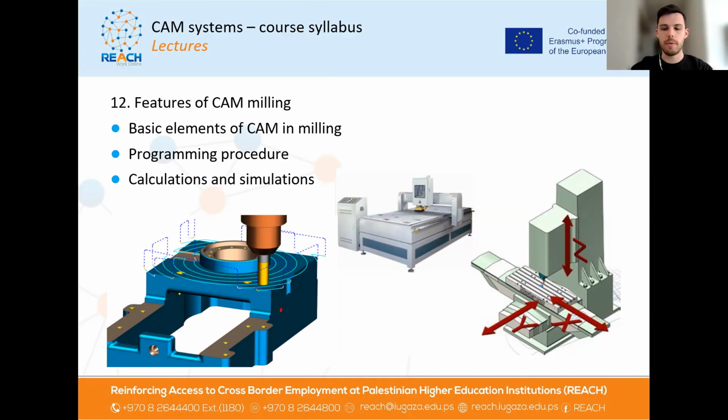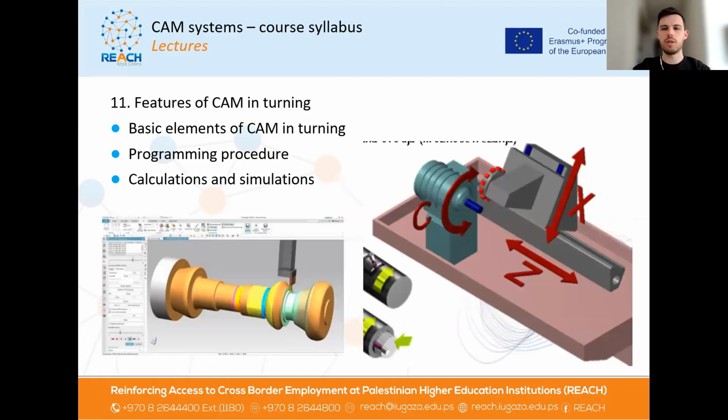calculated. So why are we starting, if I go a slide back, why are we starting with turning? Because turning is much easier to understand for the students. They know that they will produce round and symmetrical products, and there are fewer axes on the machine, so there are Z and X axes, and it's easier to understand the movement of the cutting tool.